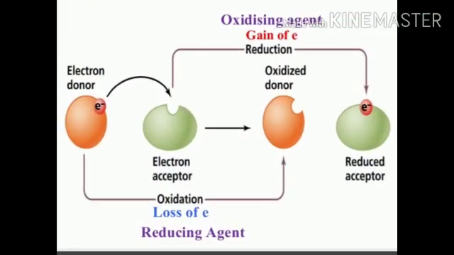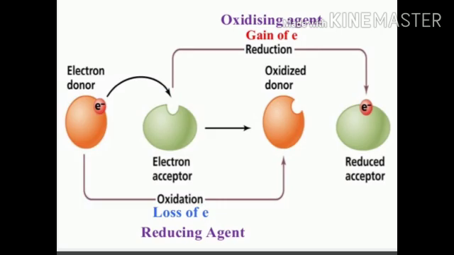A redox reaction may be considered to be made up of two half cell reactions, one involving oxidation and the other involving reduction. I hope up to this point it is clear to all of you.